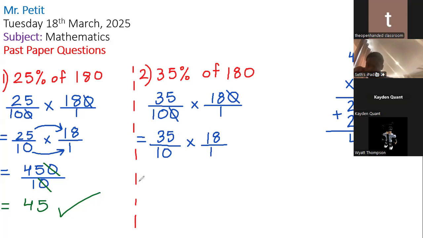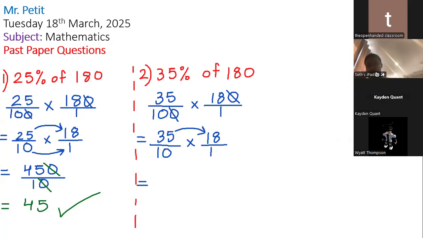We do 5 times 8, which is 40. We did 35 times 18. That's what we have to do, right? Yes, sir. What did you get when you multiply 35 times 18, or you didn't do it yet? I'm still getting a very, very high number.